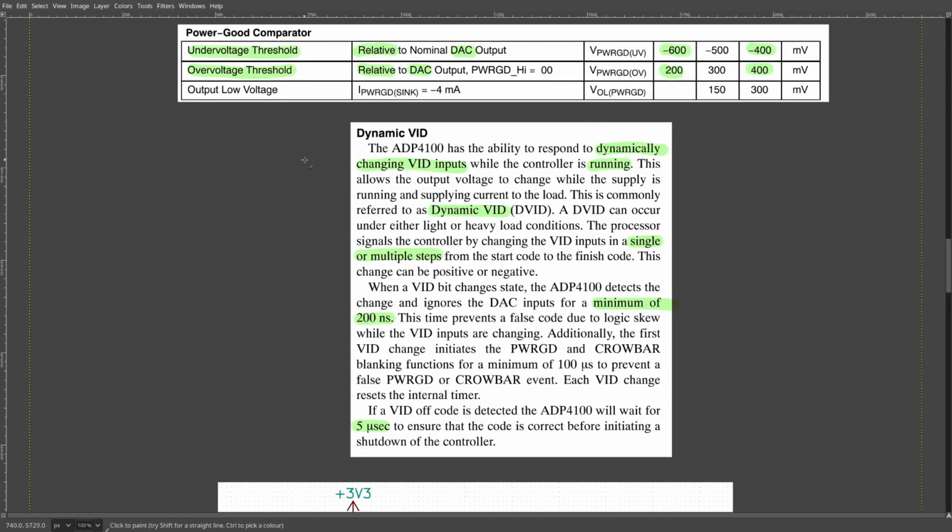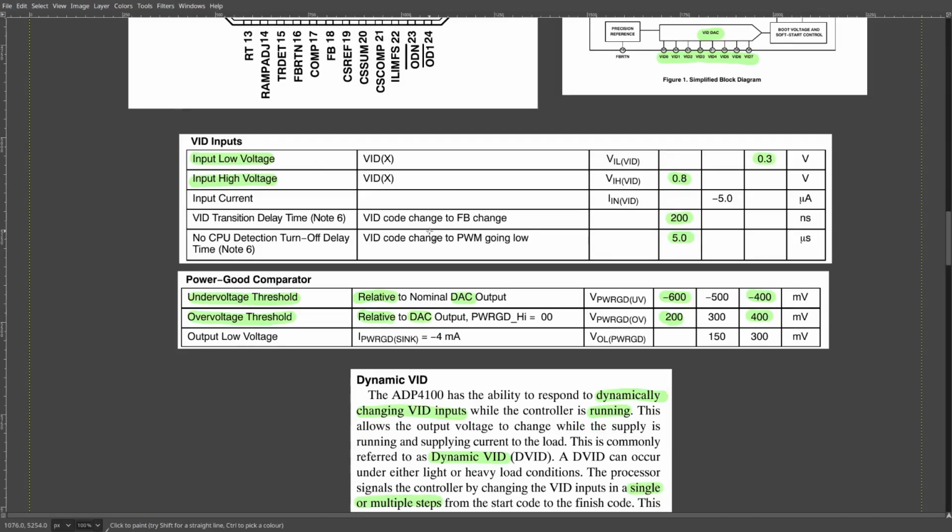What's nice about this is the controller also explicitly supports dynamic VID changes while it's running. They spec this very carefully: from a VID code change to the actual feedback voltage change is 200 nanoseconds. It'll wait that long. And if you put in an off VID, one that's above 1.6 or below 0.5, it'll wait 5 microseconds before trying to turn off.